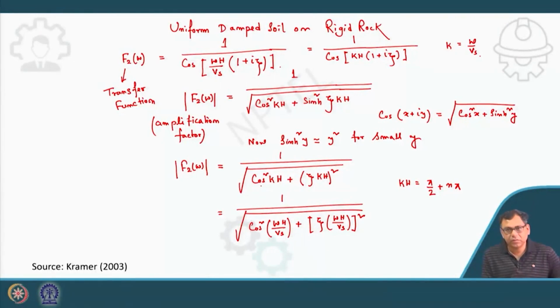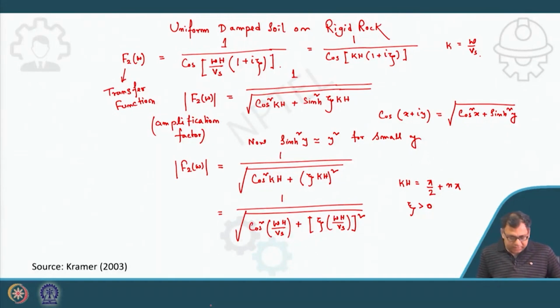This part will be equal to 0, but this part will never be 0, because of the presence of damping. If the damping was not present, then again that will be the same case like the previous one that I have discussed. So, this will never be infinity because your damping will always be greater than 0, because it is a damped case.